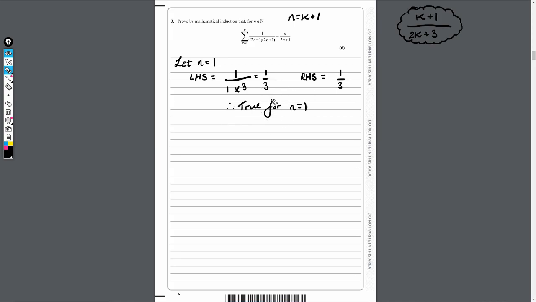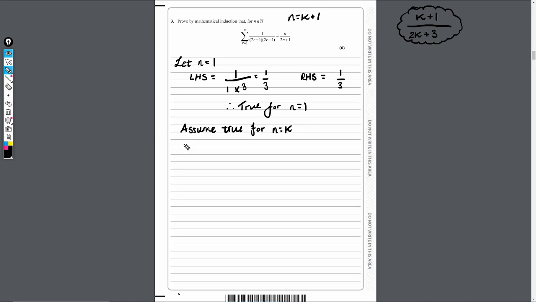Let's carry on now. So what we say next is that we're going to assume it's true for n equals k. So, assume true for n equals k. Okay, so if we assume this is true for n equals k, what would we end up with?